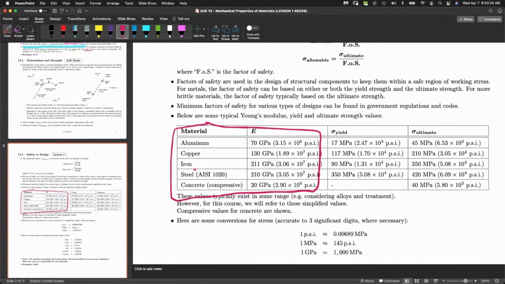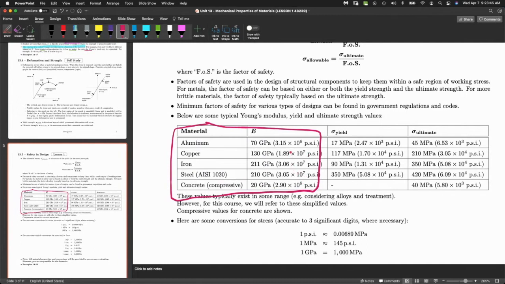We have aluminum, copper, iron, concrete, and then a certain type of steel, which is 1020 steel. And you can see here that the Young's modulus value for each of these is given in the metric system in gigapascals and also in pounds per square inch in the imperial system.